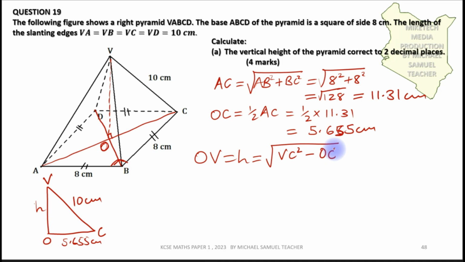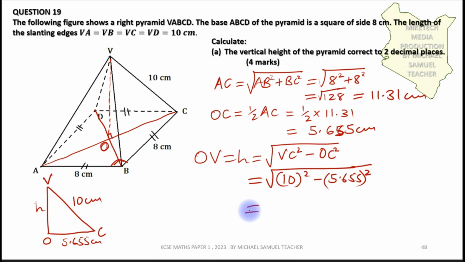And this will be the square root of VC, which is 10, squared, minus 5.655, also squared.